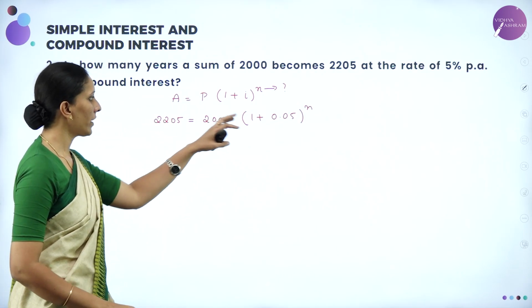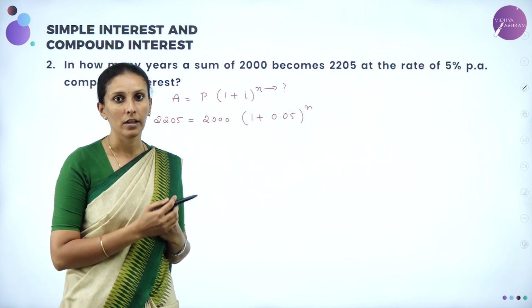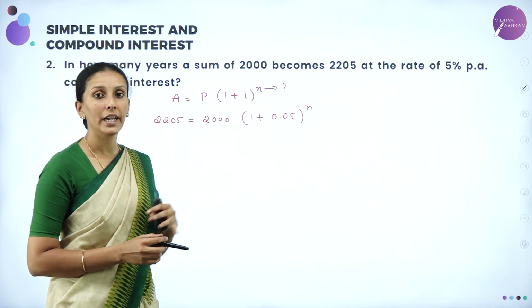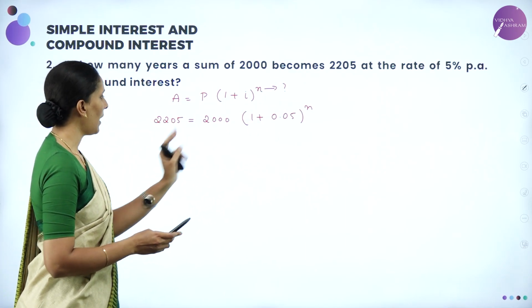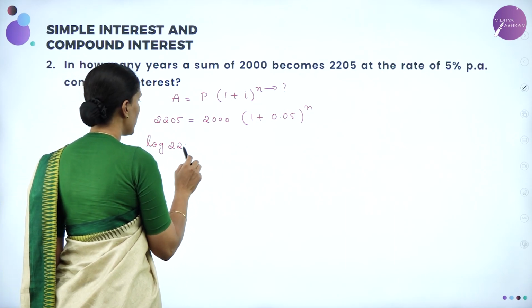When you are calculating an index value, it is always better to apply log because log helps in calculating the value which is in the index form. So if we apply log here, this becomes log 2205.